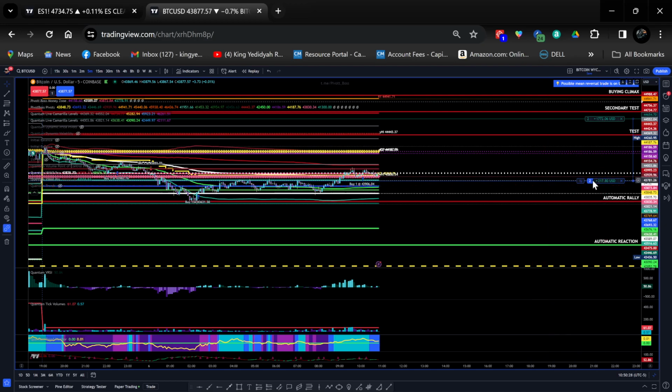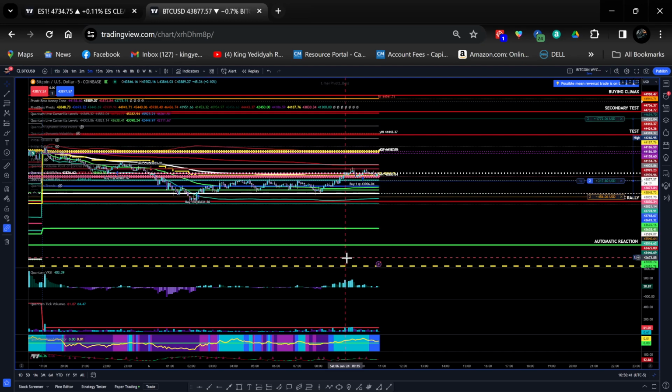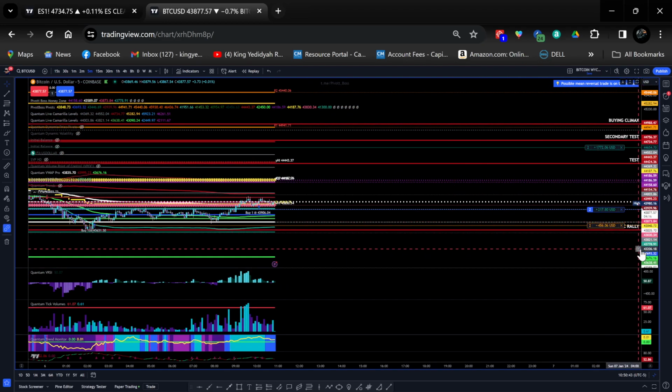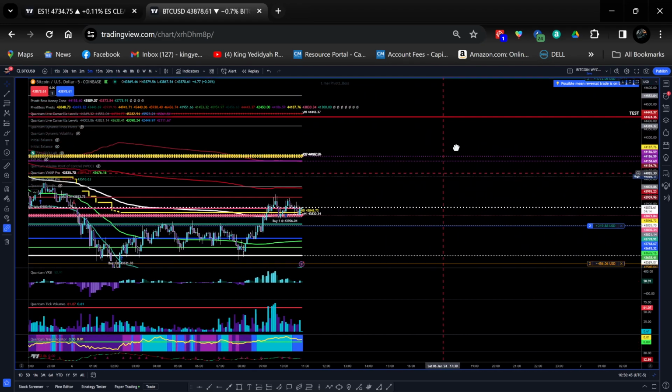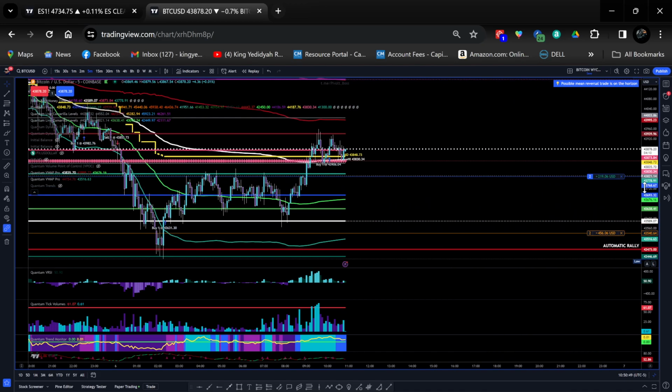So I don't know why the stop isn't here. Let's see if I can adjust this. 540. All right, so got the stop back there. I don't know what happened. Maybe I probably clipped it off by accident.